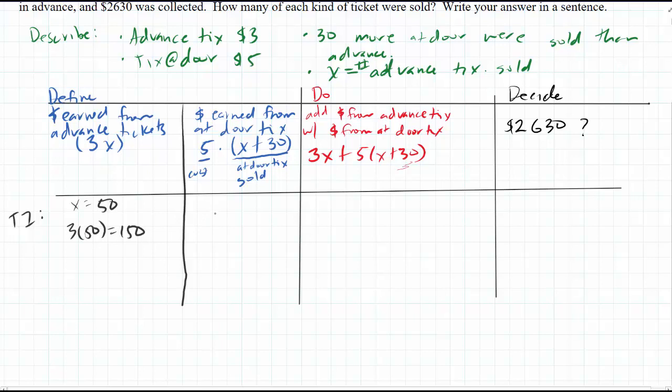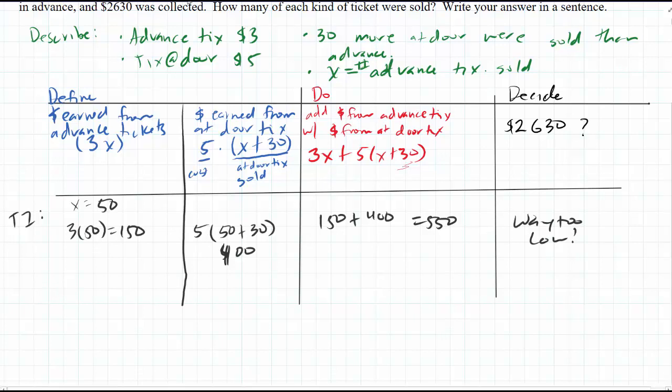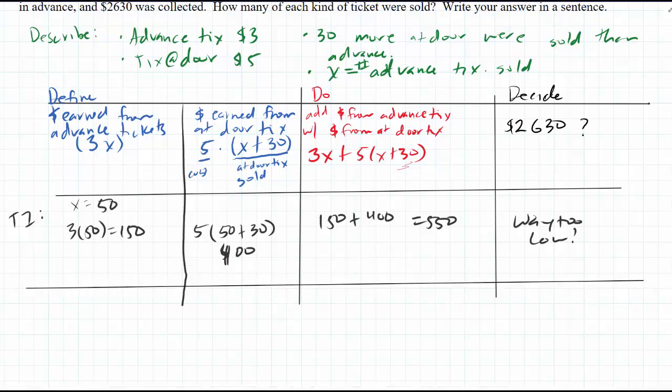For the at-door tickets, it's 5 times 50 plus 30, which is 80 times 5, which is 400. 150 plus 400 is 550. That's way too low. So I'm going to go much higher now. Let's guess 125.